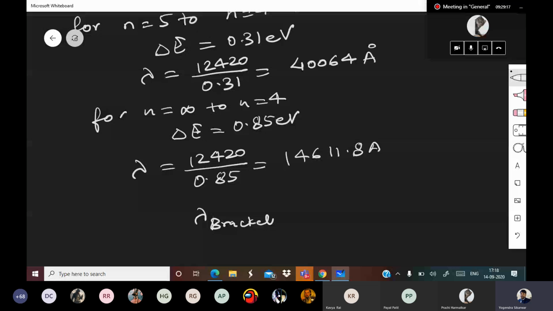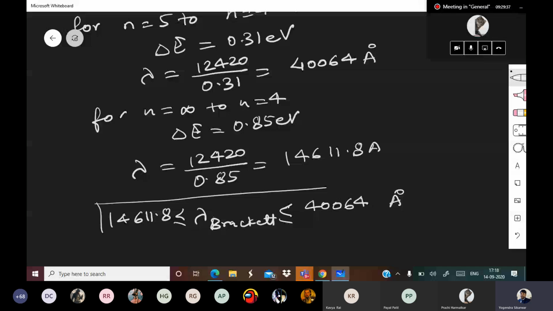So lambda of Brackett comes out to be from 14611.8 to 40064 angstrom. This is for lambda, right?